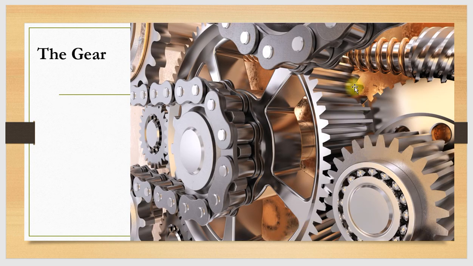You can see over here there are small teeth on the wheels, so these are called toothed wheels, and they are fixed with each other. When one wheel is moving, the other will also move, because the teeth are fixed with each other.